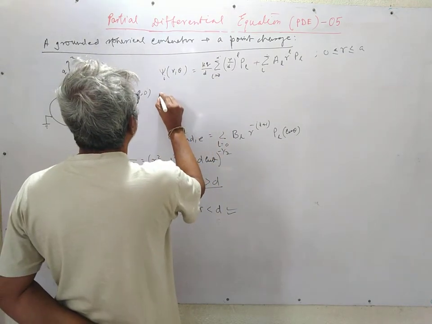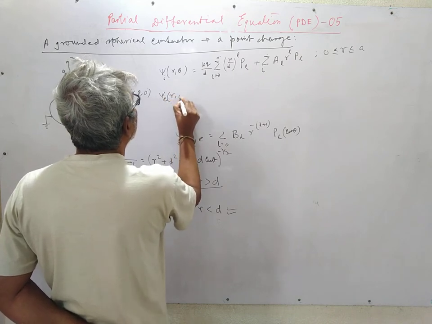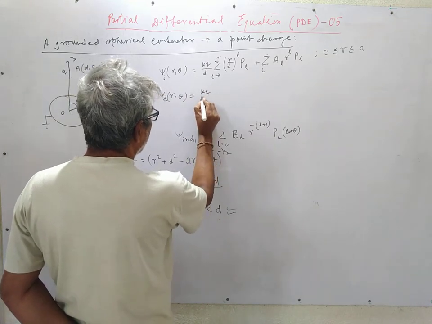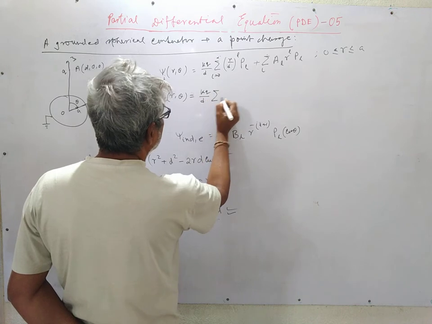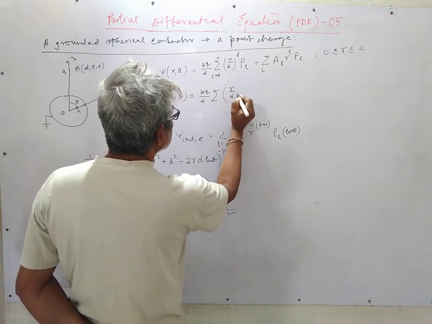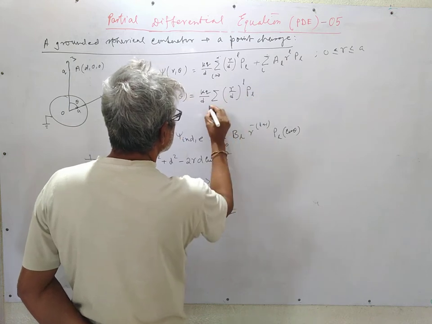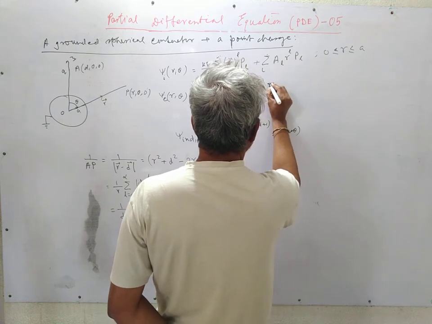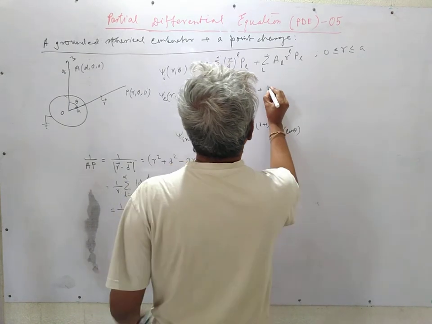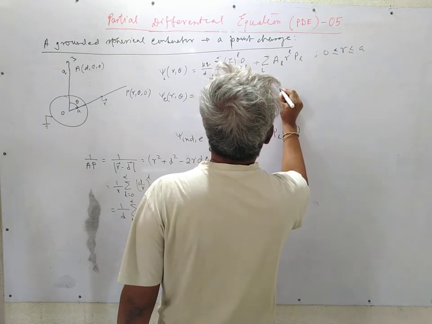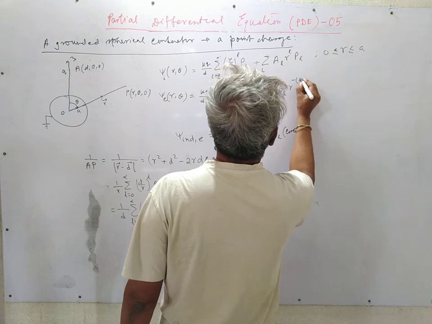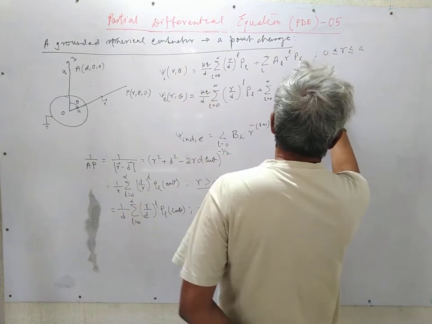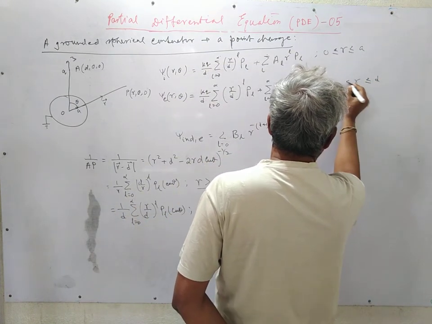For an external point, PL of cos theta, wherein r is less than or equal to d, greater than or equal to a.